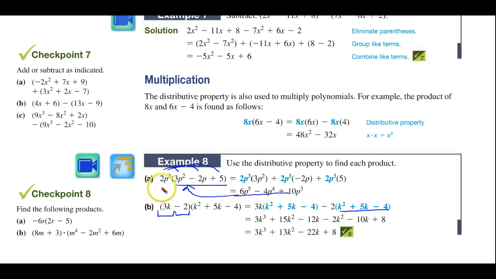So this will be a technique that's pretty straightforward, and this, by the way, can also be done vertically.